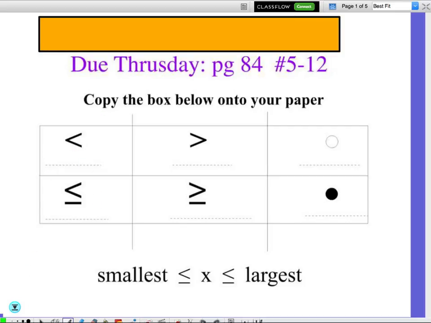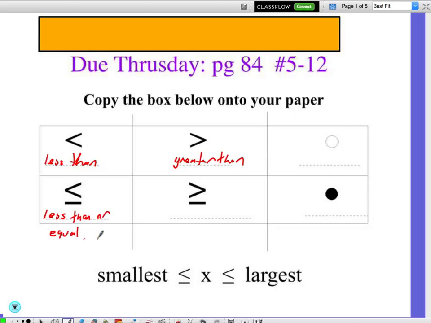Okay, so let's go ahead and write this out. Remember, whenever you have this symbol right here, this symbol is called less than, and this symbol is called greater than. Now, when you have that line underneath it, it's still called less than, but we also add less than or equal to.